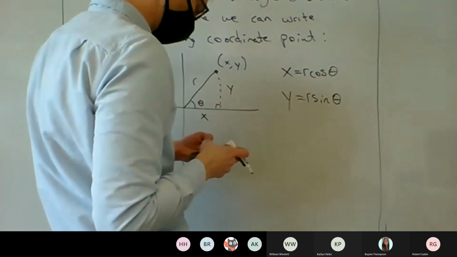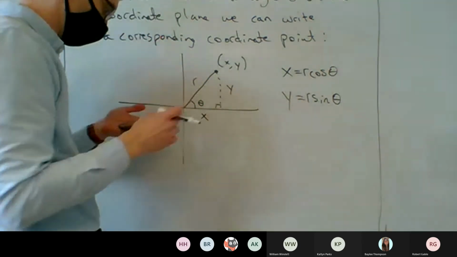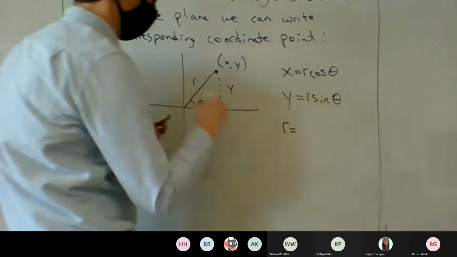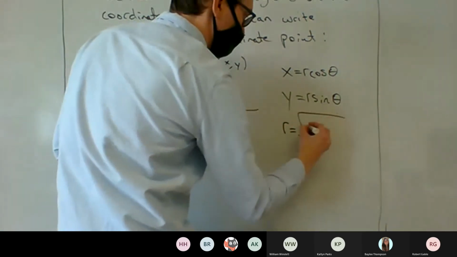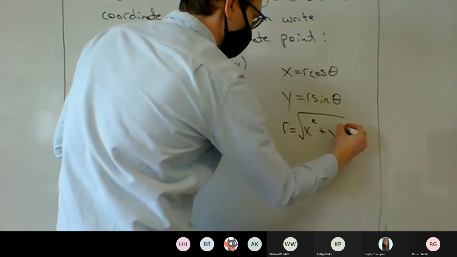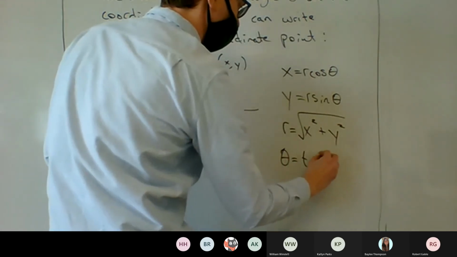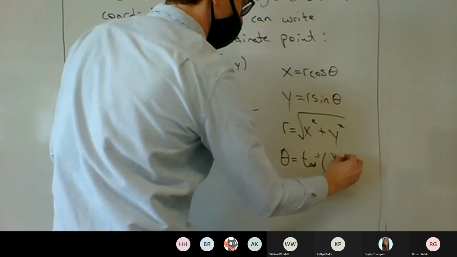And what else can we say from this right triangle? We can build some nice formulas. We can say the hypotenuse is just going to be, so we've already seen this. And by the way, theta would be tangent inverse of y over x.